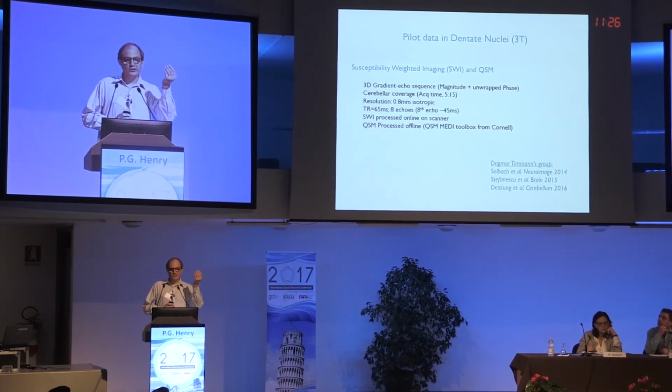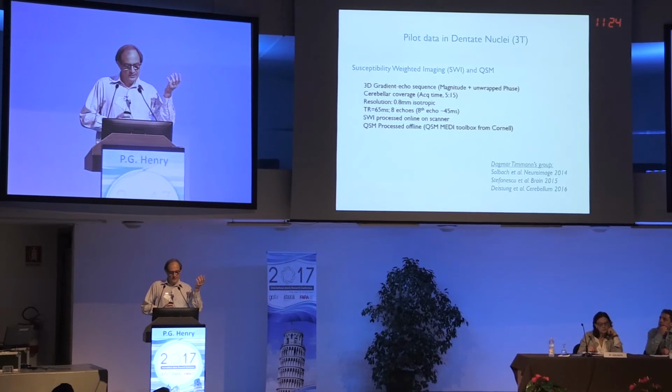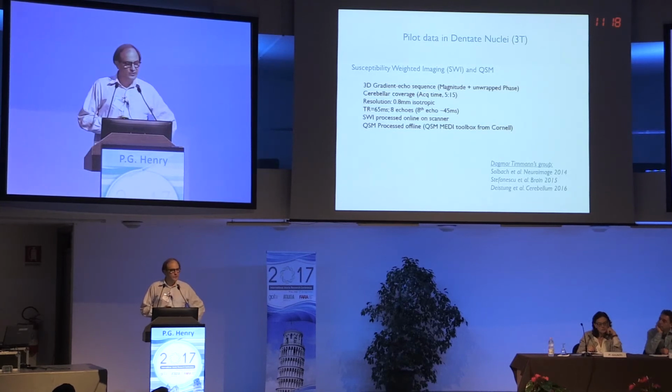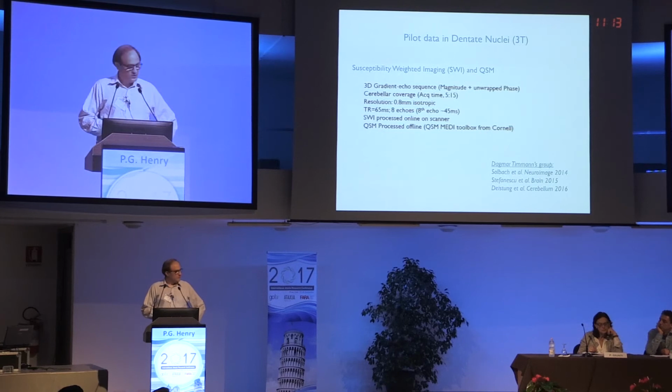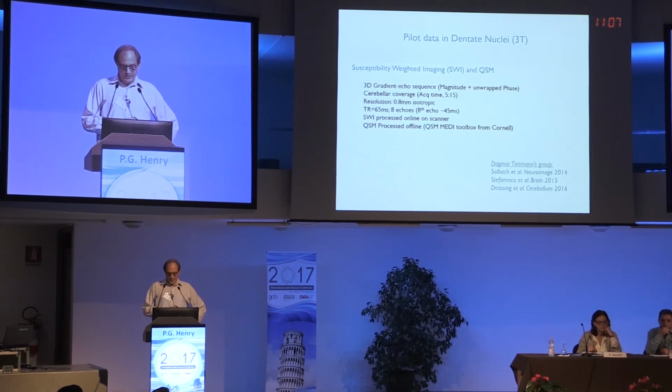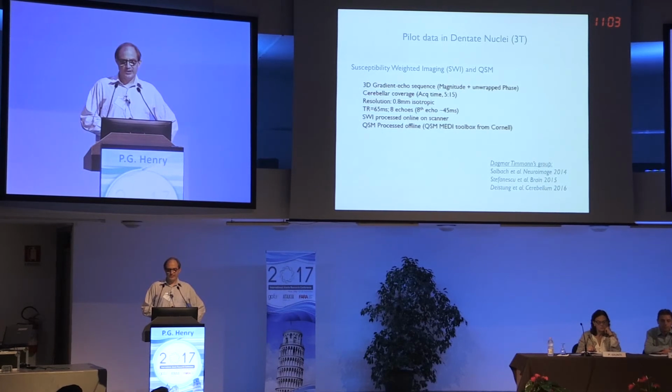So dentate nucleus is very rich in iron. But if we do T1 images, we don't have much contrast. We barely see the dentate nucleus. But if we use SWI and QSM, we see it much better. And for this work, we drew on several recent publications by Dagmar Timman's group that showed SWI and QSM in Friedreich's ataxia.